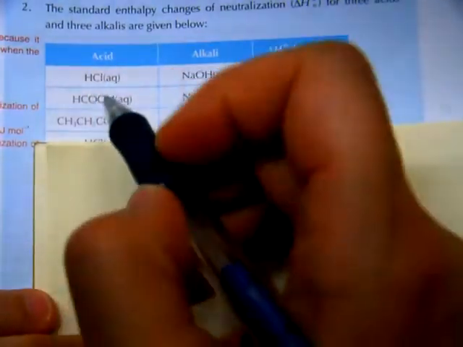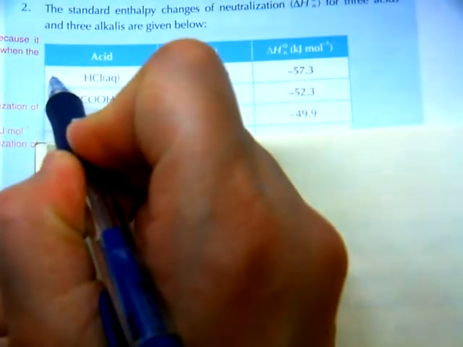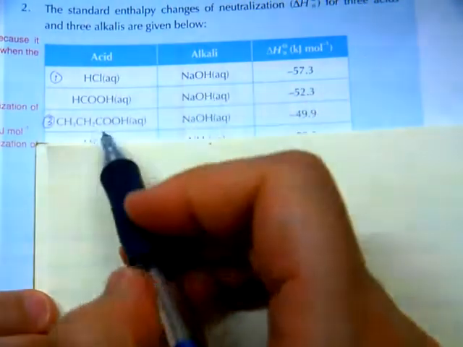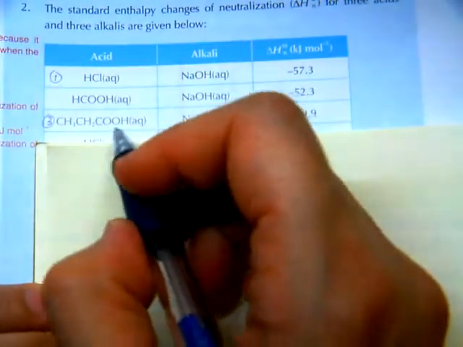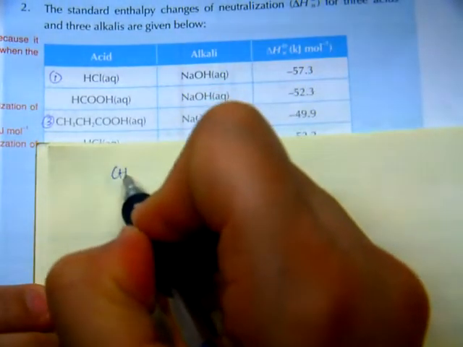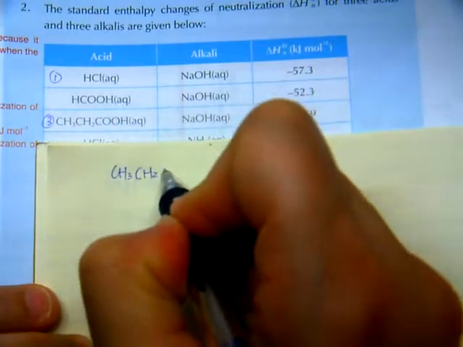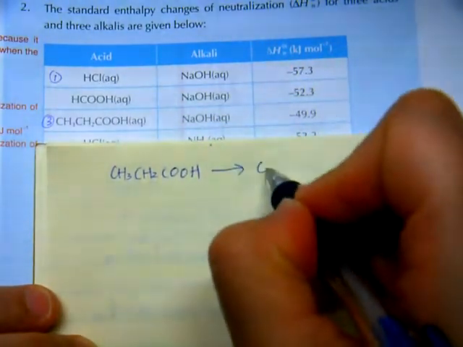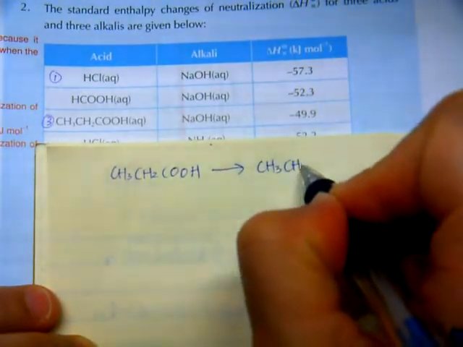Now, how to solve this problem? First of all, look at the first number and the third number. The difference between these two numbers can be used to calculate the energy required for the dissociation of this weak acid.